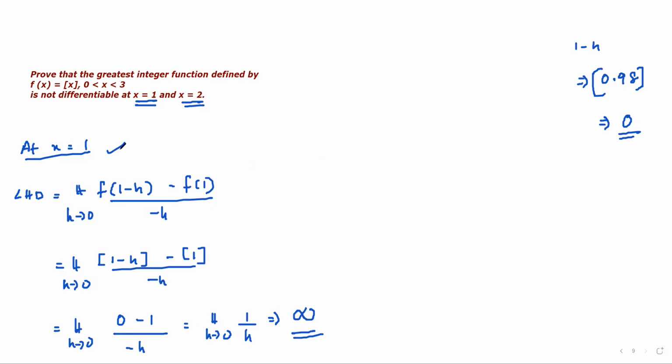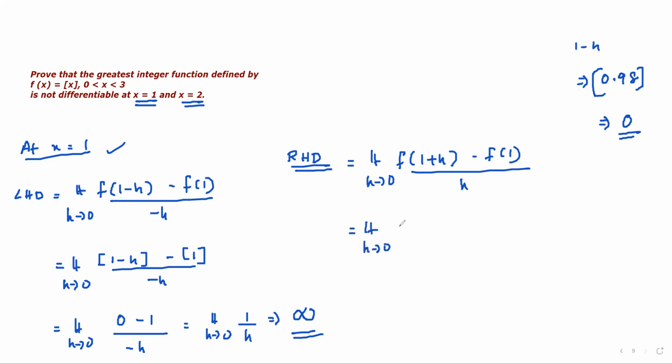At x is equal to 1, LHD is infinity. Now we are going to find out RHD. That is limit h tends to 0, f of 1 plus h minus f of 1 by h. When you apply that, what do you get? Limit h tends to 0, greatest integer function of 1 plus h minus greatest integer function of 1, by h. 1 plus h is 1.01.